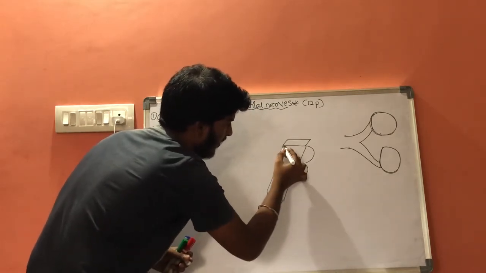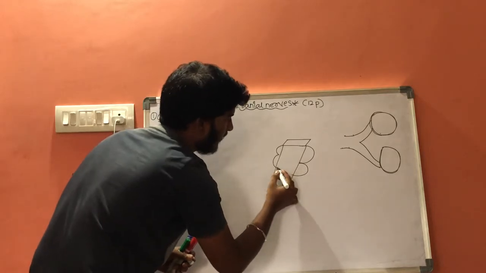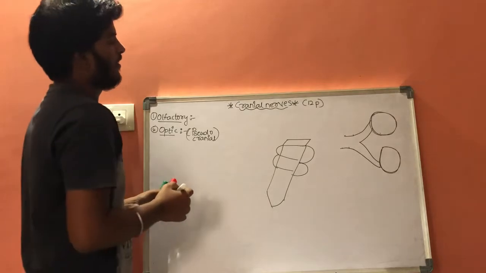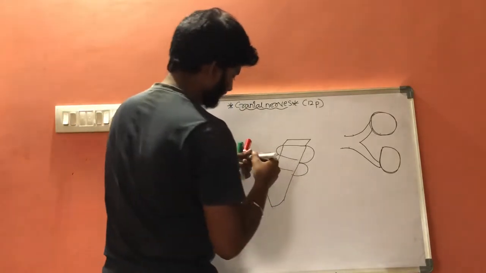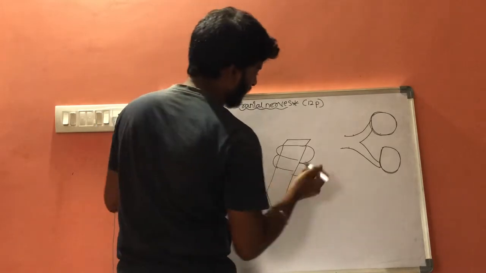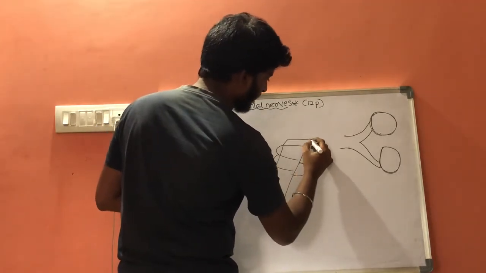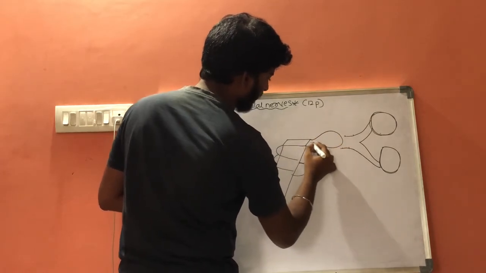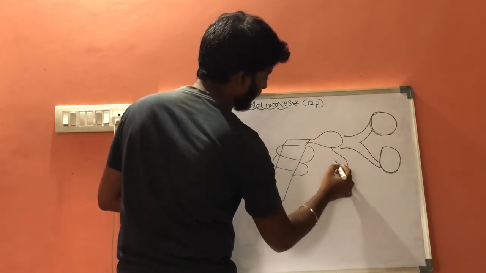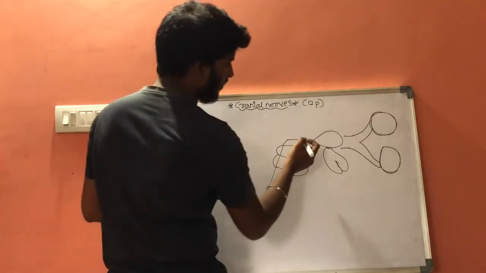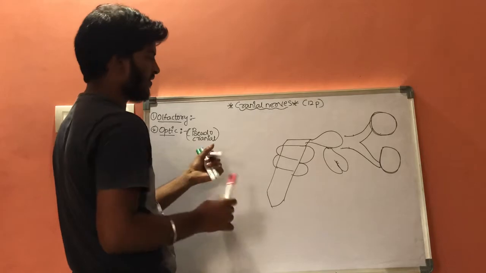Pons and medulla. Now here there is hypothalamus. There is hypothalamus. Now on the surface of this it consists of thalamus.